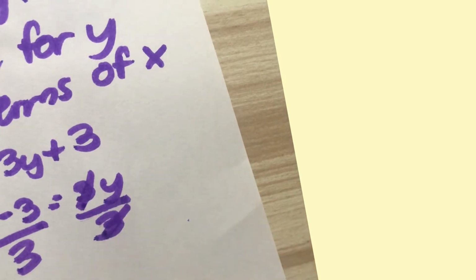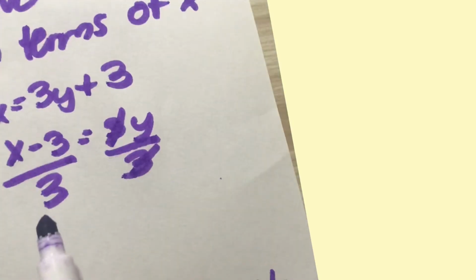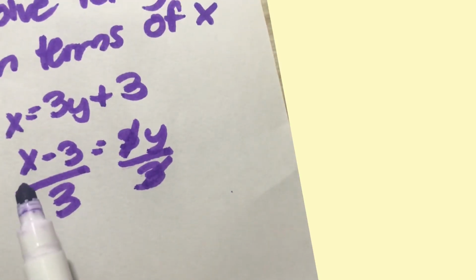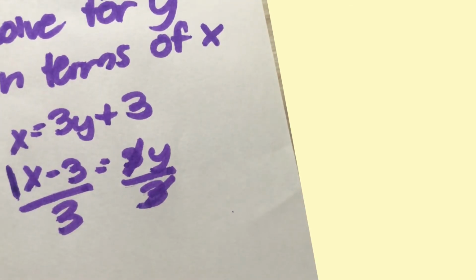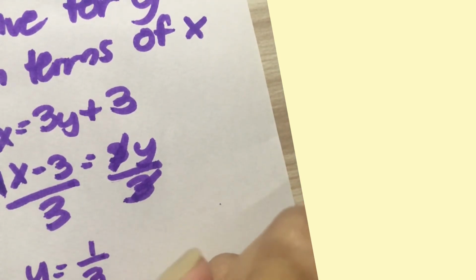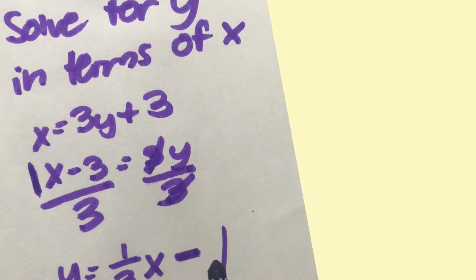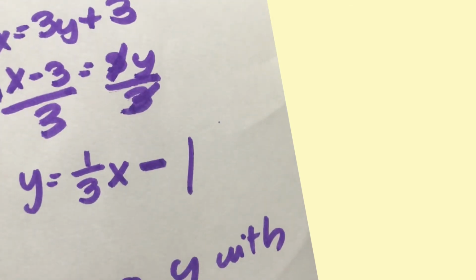Divide both sides by 3 to cancel out 3 in the right side. We're actually left with x minus 3 over 3. And we know that x has a coefficient of 1. So our answer will be y is equal to 1 over 3x minus 1, since negative 3 divided by 3 is equal to negative 1.